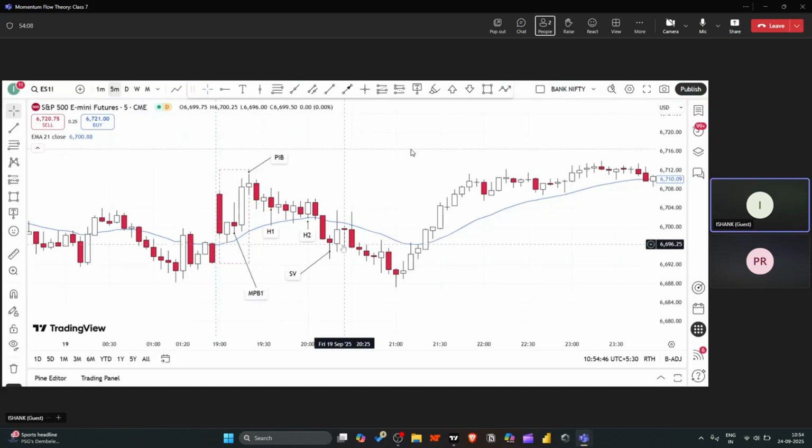Spike invalidation. Yeah. So that is the change in character set in. Where is the next breakout and follow through? That significant trend bar got a minimum follow through bar. So that is where I'll start marking my spike.